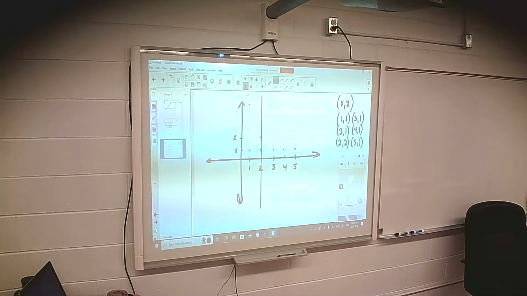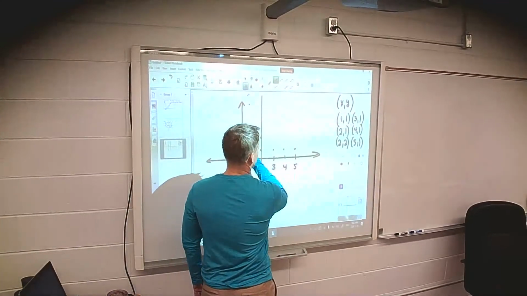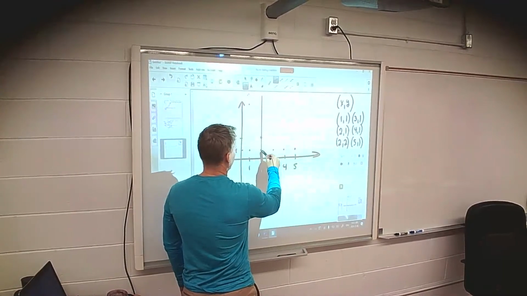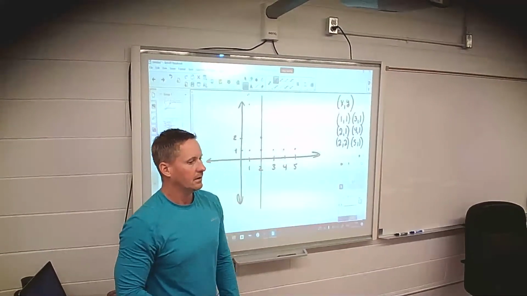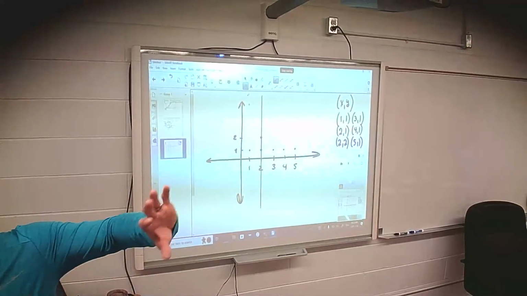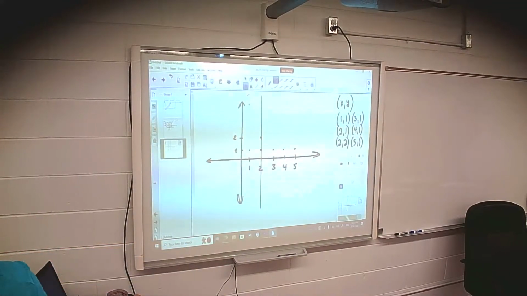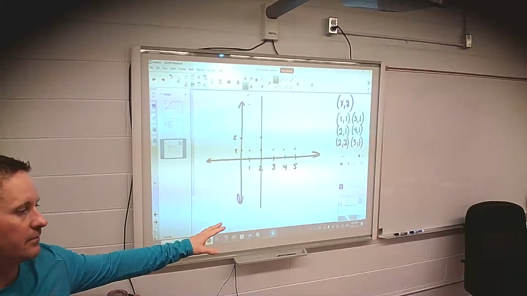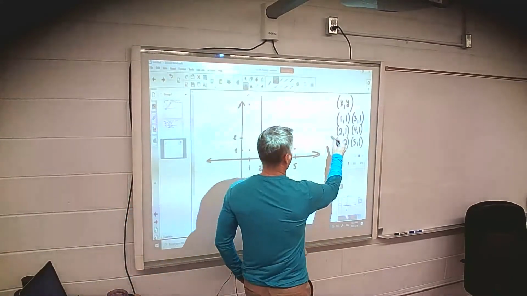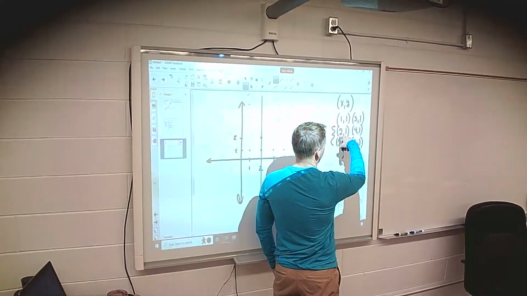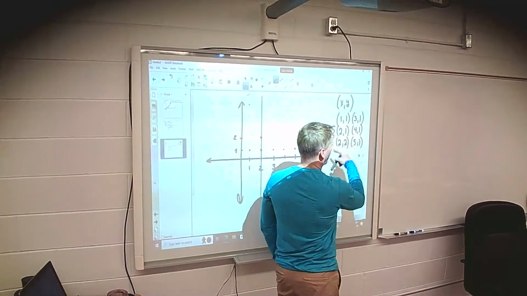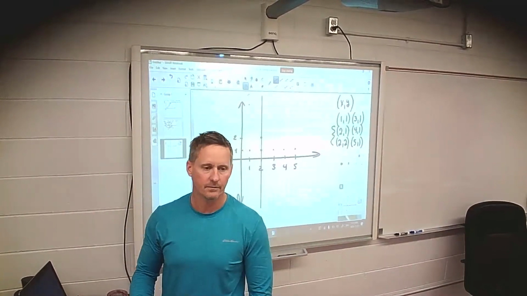So if the x value has more than one y value, not a function. Not a function, because it doesn't pass this test. It hits right here and it hits right there. All right, now they are all relations. The x and the y have a relationship, but they are not a function, because right here, this x value of 2 has more than one y value, not a function.